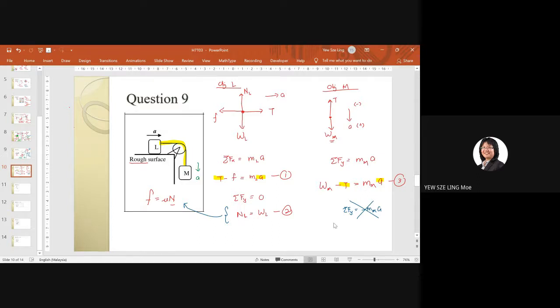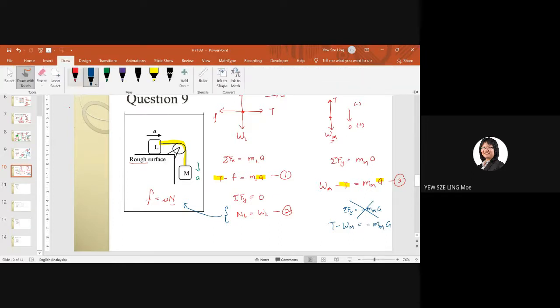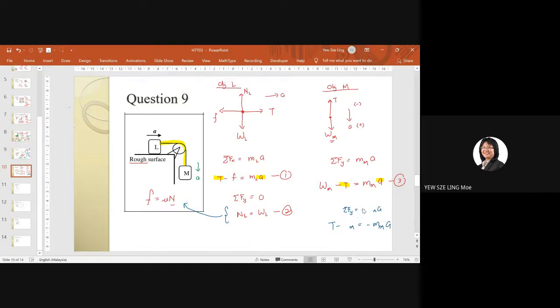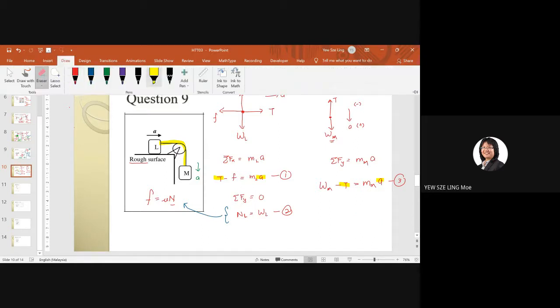If you use negative MA, you still get T minus WM equals negative MMA. But this makes the whole calculation complicated because you always have to think about when to use positive MA and when to use negative MA. That's why I don't encourage my students to use this equation. I prefer you to use the direction of A as the positive direction.